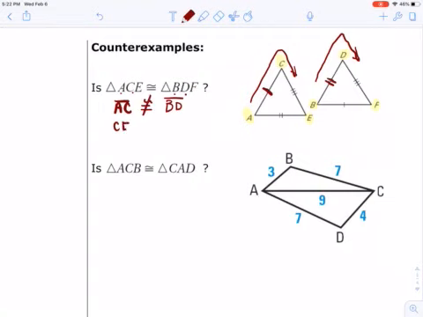Now, CE, marked with 3, is congruent to DF. CE is congruent to DF. And then if we look at the last piece, AE, the first and the last, would need to be congruent to BF, the first and the last in the second statement.